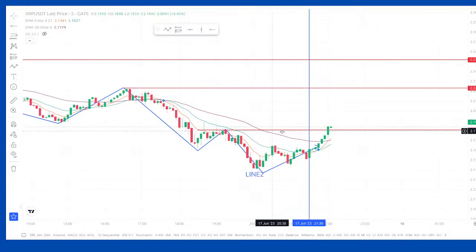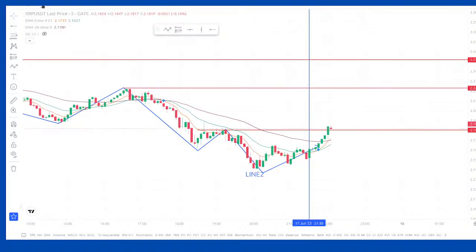For this case you can see it has already broken the line. You can wait for it to retrace back. After retracing back, there is a possible bullish reversal to the previous resistance.